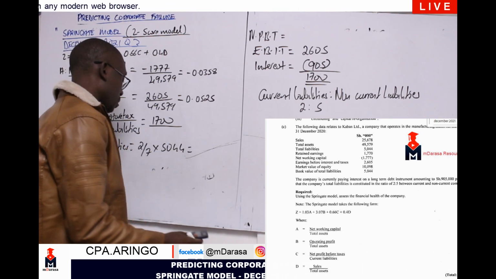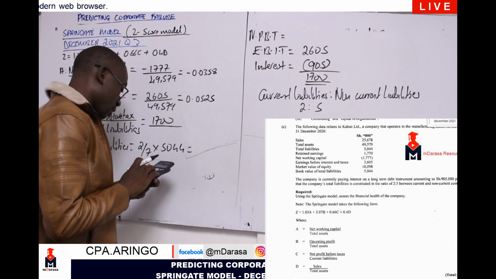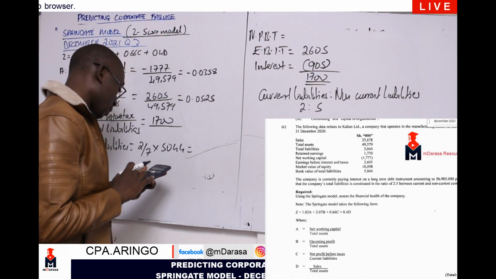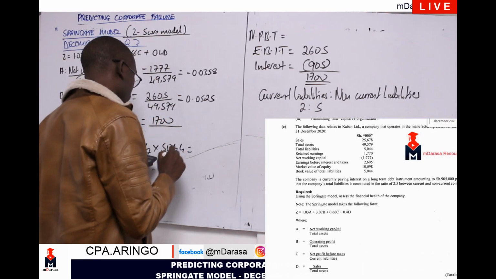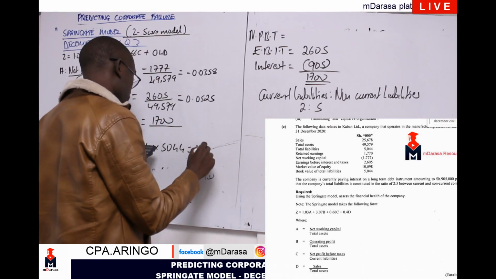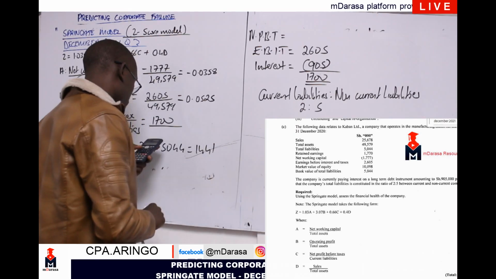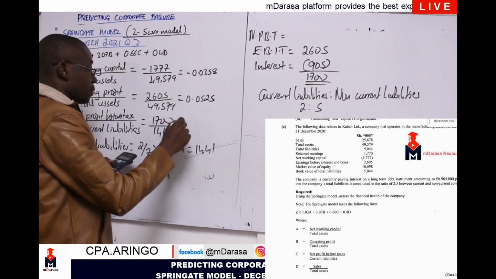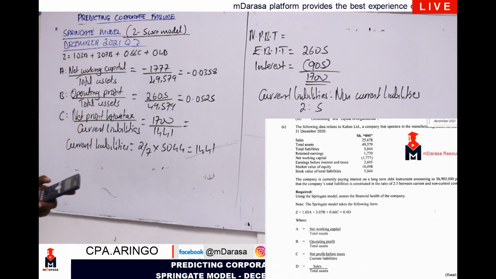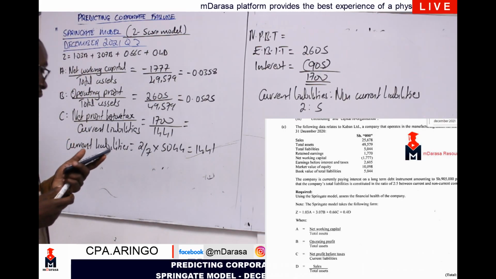So that should give us 2/7 times 50.44, to give us a value of 14.41.